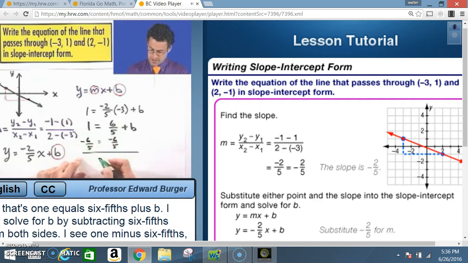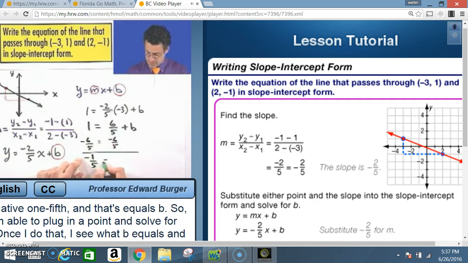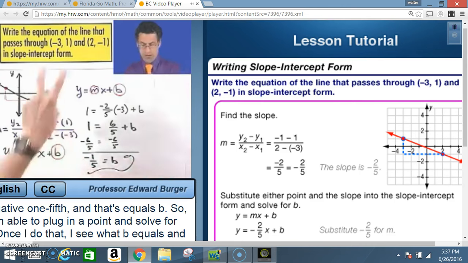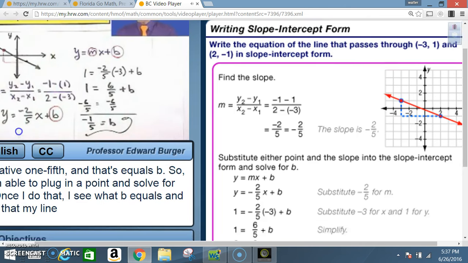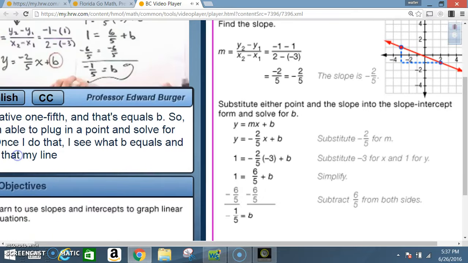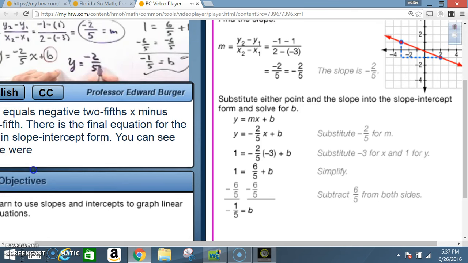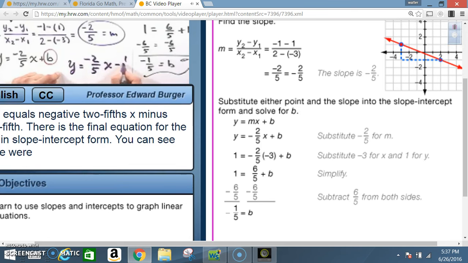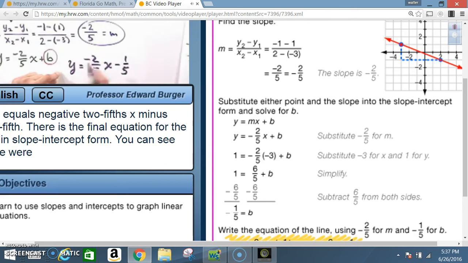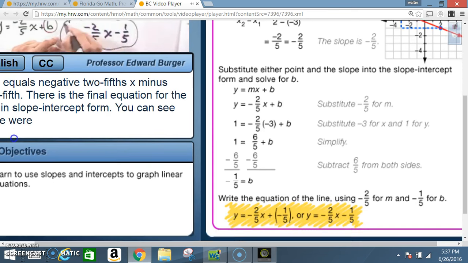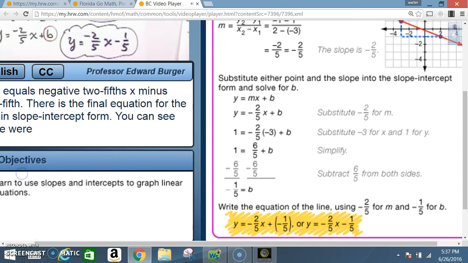And I see 1 minus 6/5 gives me just negative 1/5. And that equals b. And so I'm able to plug in a point and then solve for b. And once I do that, I see what b equals. And so I see my line is y equals negative 2/5 x minus 1/5. There is the final equation for the line in slope-intercept form.